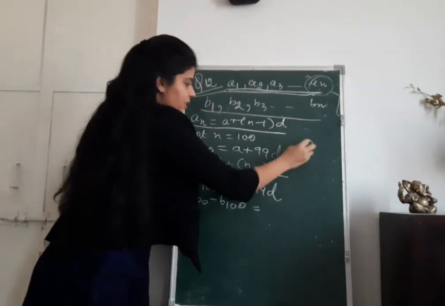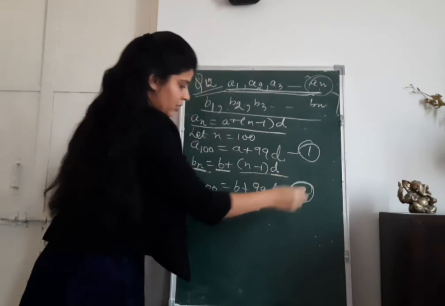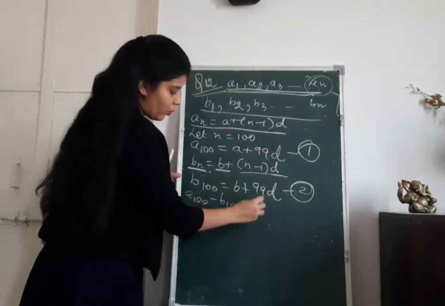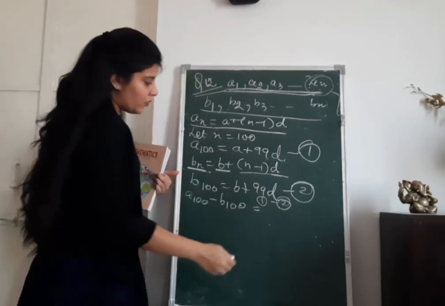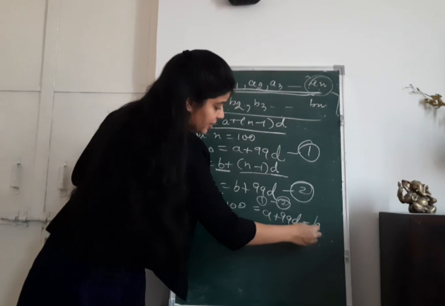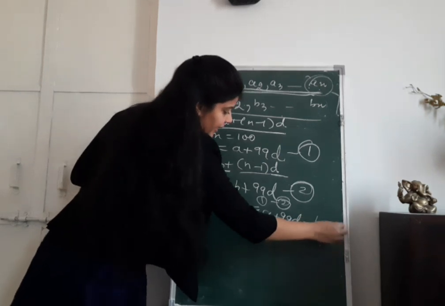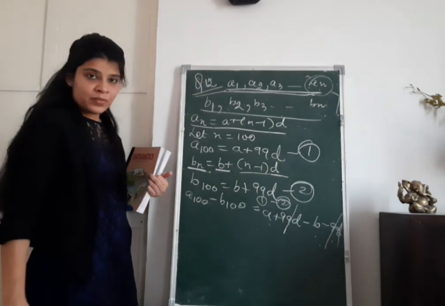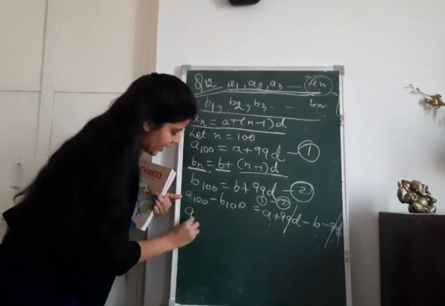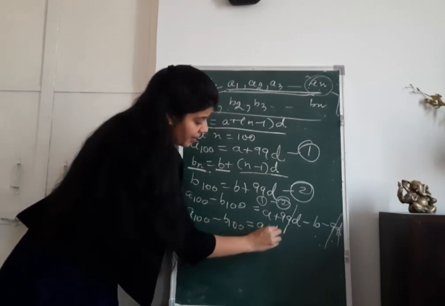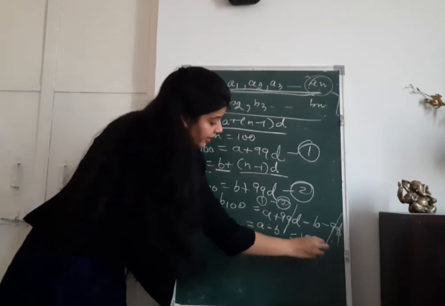Now, this is first equation, this is second equation. So, we are finding out the difference between them. That's 1 minus 2 will be a plus 99d minus b minus 99d. Then this and this will get cancelled, right? And what we have? A100 minus B100 is equal to a minus b, which is equal to 100.